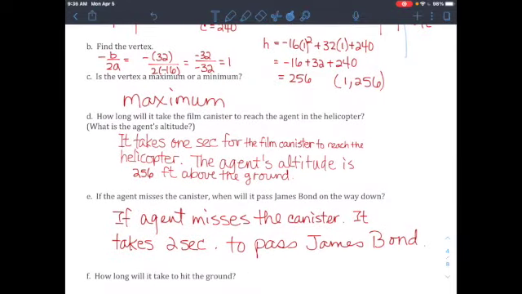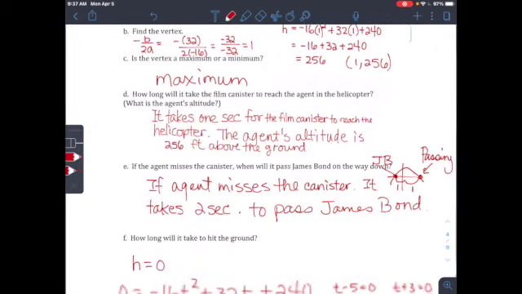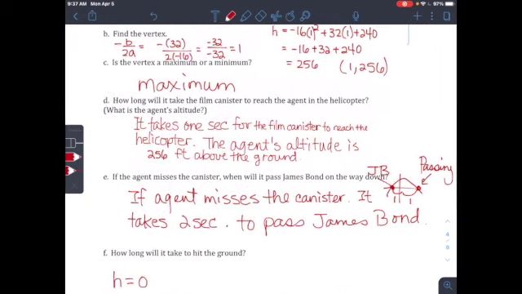So it takes 2 seconds to pass James Bond, because it goes up and comes down. Here's James Bond, and this is it coming down, passing. Because this is 1 second and there's another 1 second, it takes 2 seconds to pass James Bond.